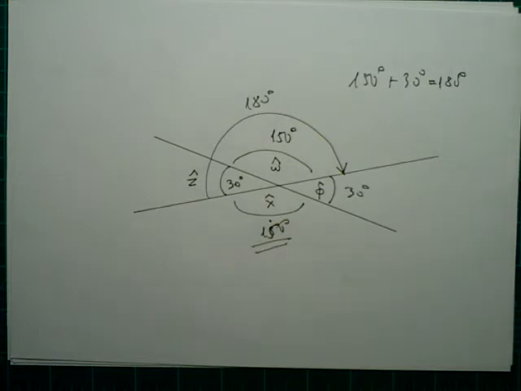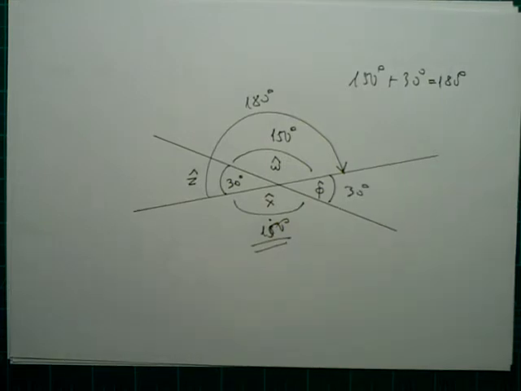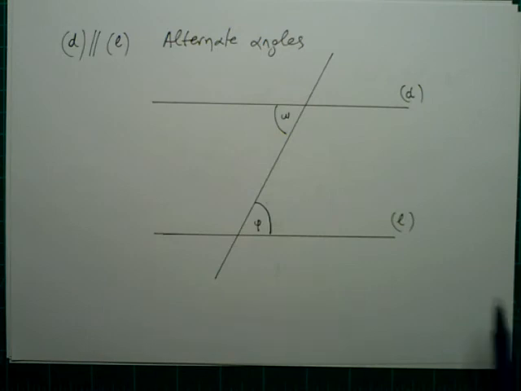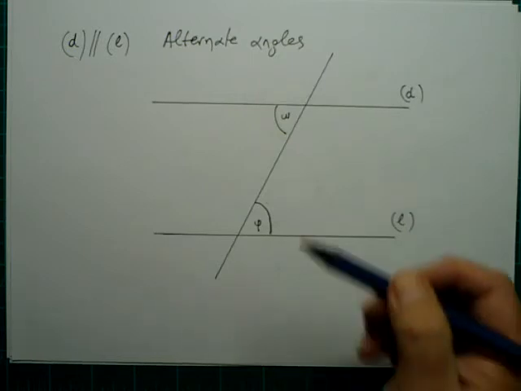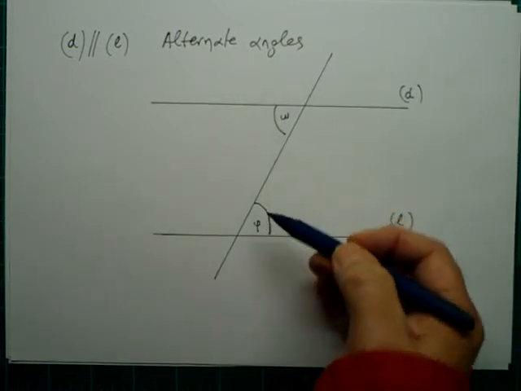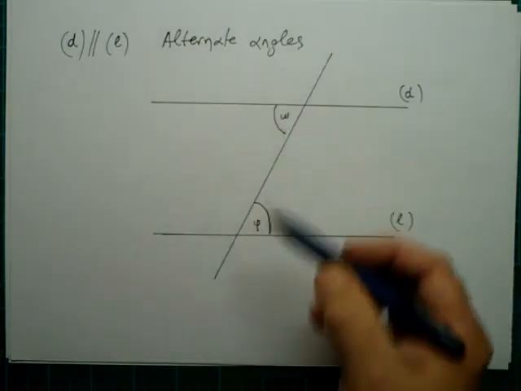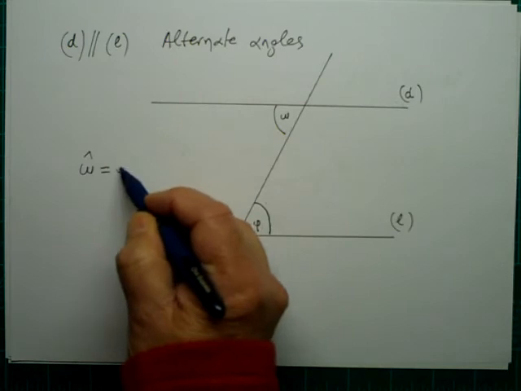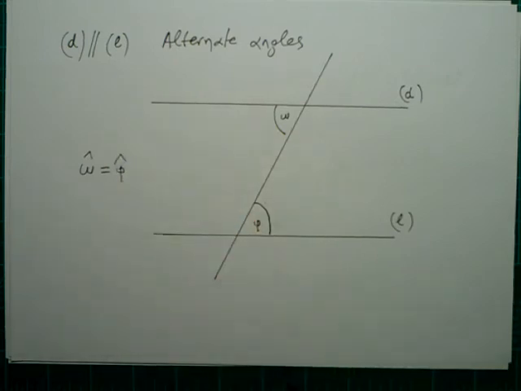Now, let's talk about parallel lines and a line crossing them. Well, we have two parallel lines here and a line here crossing them. Now, here the angles omega and phi are called alternate angles, and these two angles omega and phi are always equal.